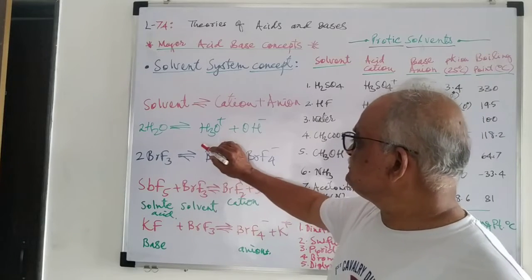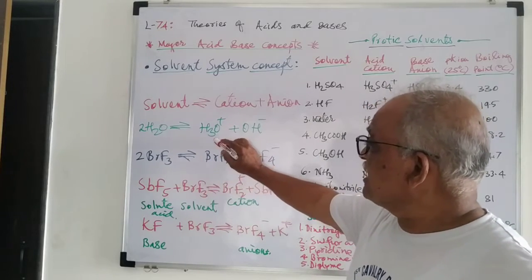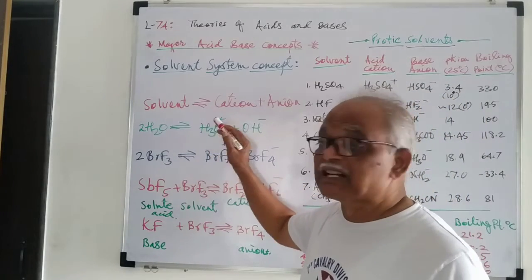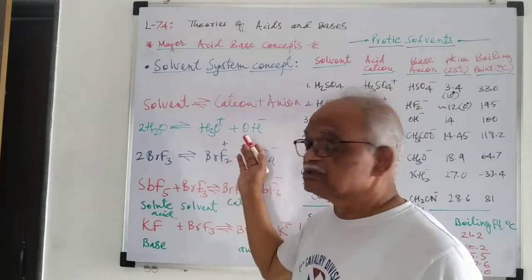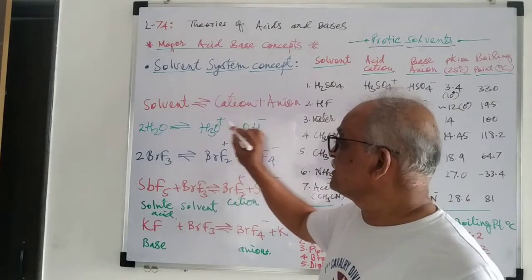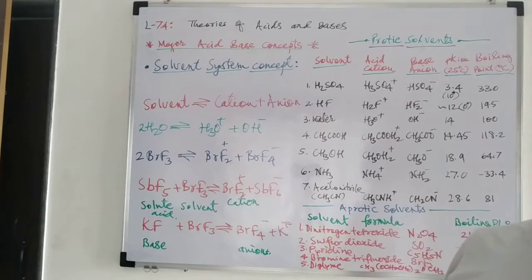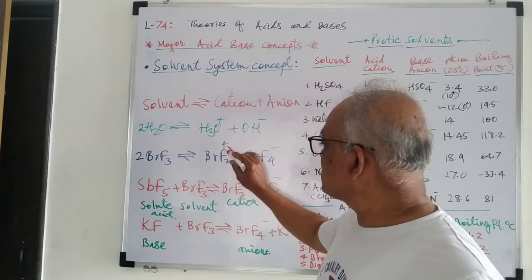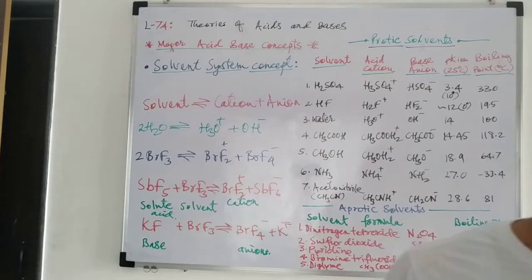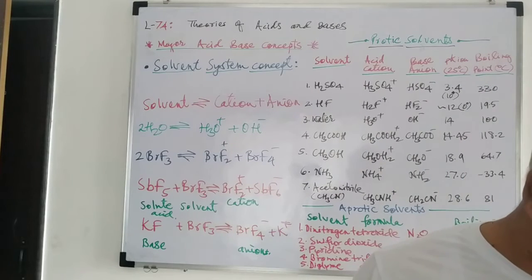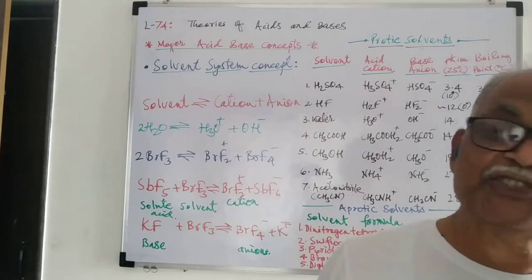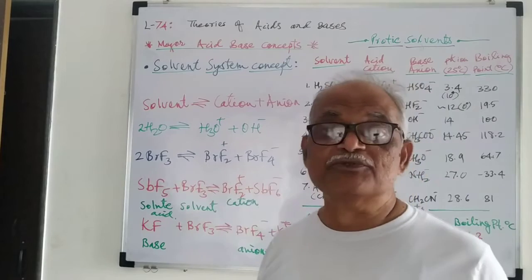If we write the right side part on the left side and the left side part on the right side, you will find that H3O plus reacts with OH minus to give twice H2O. Similarly, BrF2 plus reacts with BrF4 minus and produces twice BrF3. So acid-base reaction is the reverse of auto-dissociation.